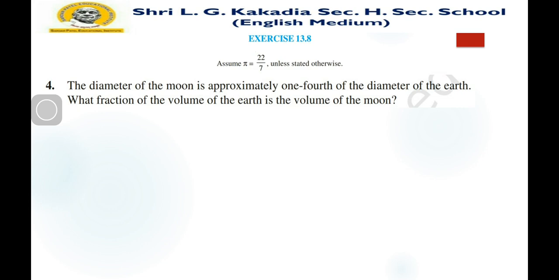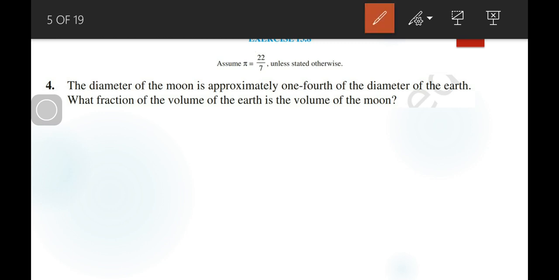Here it is given, this is the moon and this is the earth.